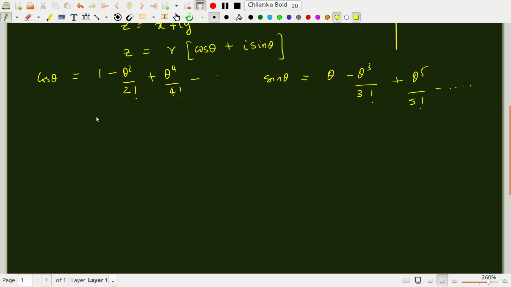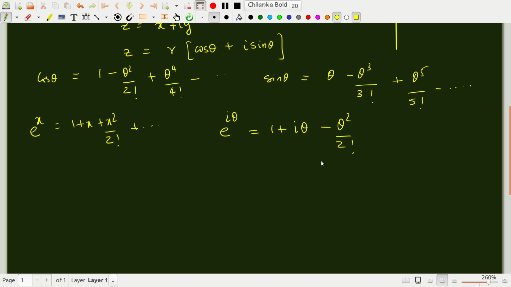So if I were to take e, you know the Taylor expansion of e to the x, which is 1 plus x plus x squared by 2 factorial and so on, where x is a real number. If, instead of x, I put i theta and use the same Taylor expansion, I'll get 1 plus i theta minus theta squared by 2 factorial.